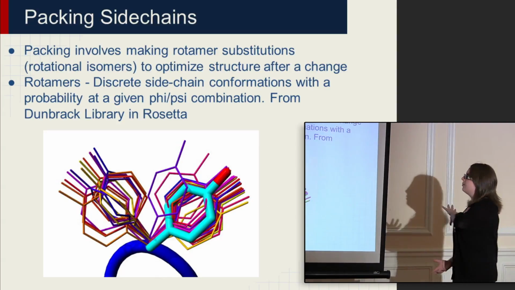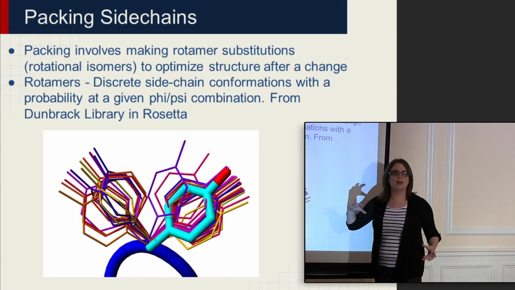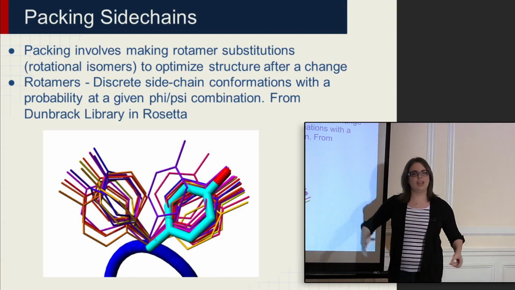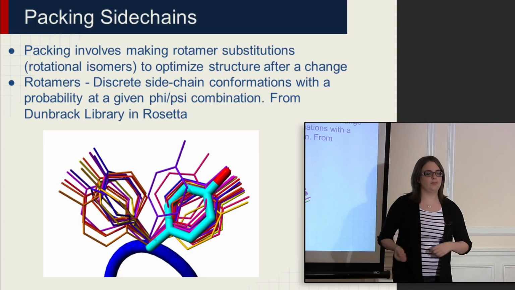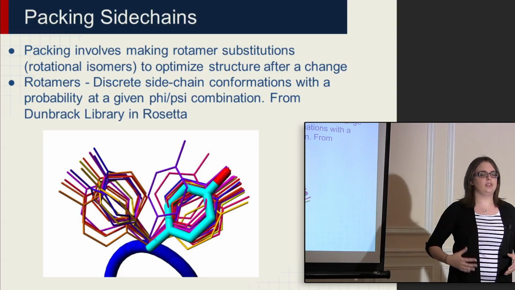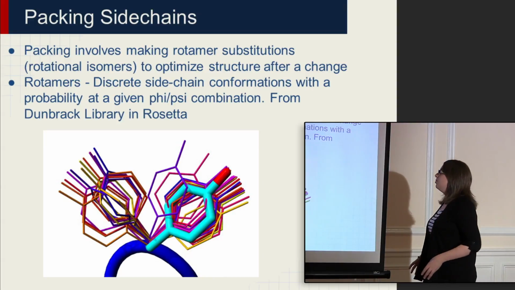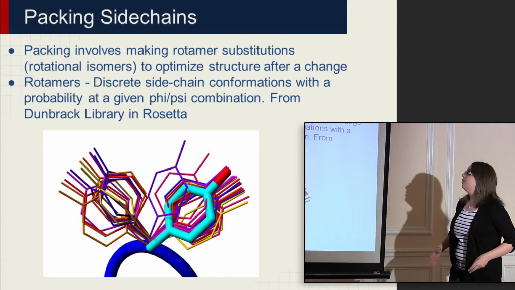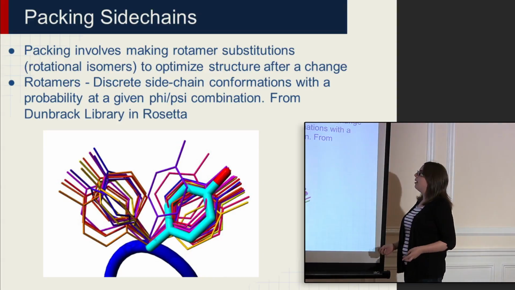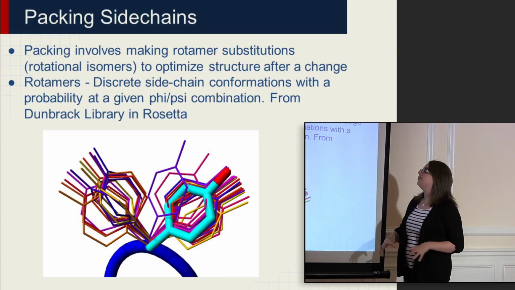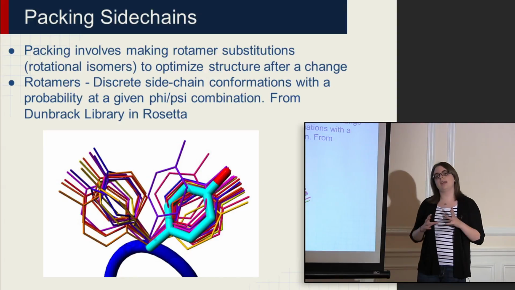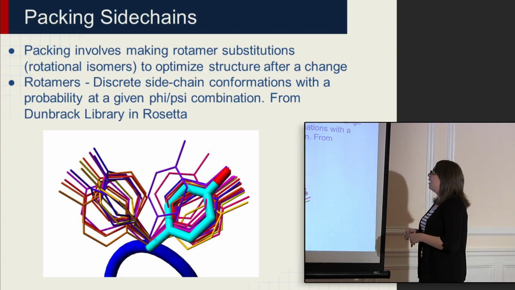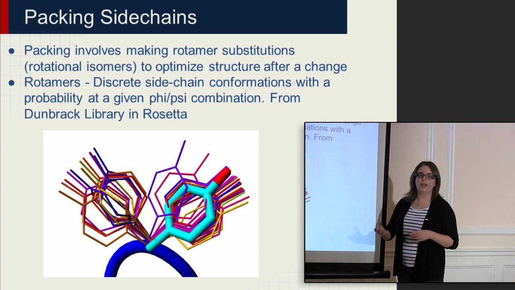So those are some of the basic components of doing a Rosetta simulation, but it's a lot more than just making small backbone moves or small different moves. There's a lot of optimization and packing. So to pack sidechains in Rosetta, you'll use something called the packer, which I'll talk about in a minute. Packing involves making different Rotamer substitutions, where Rotamers are these discrete sidechain conformations that come from the Dunbrack library.